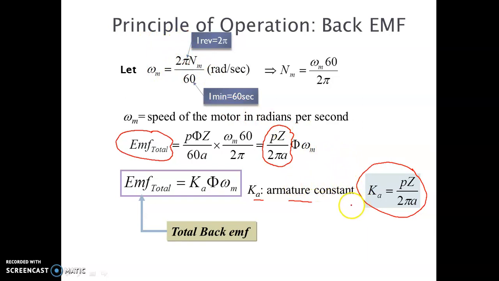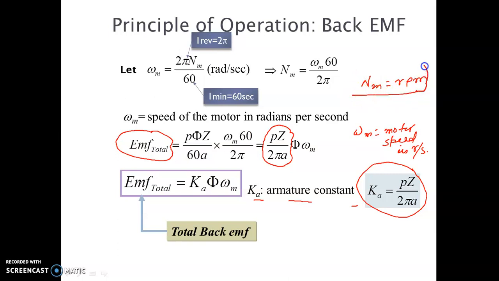So today I am going to discuss what the expression of torque is and how much torque is developed. This speed is omega m, the motor speed in radian per second, and Nm is also written as the motor speed in rpm, rotations per minute.